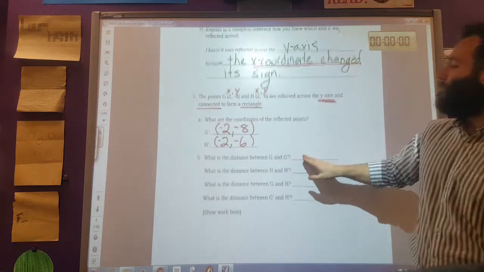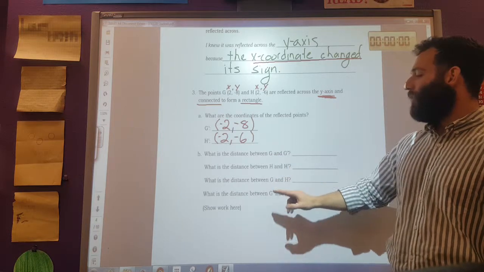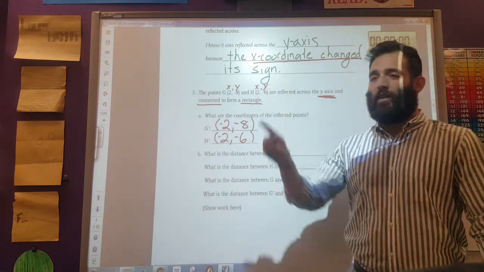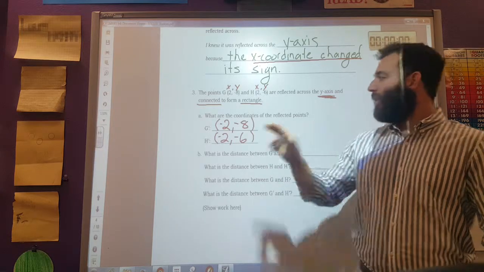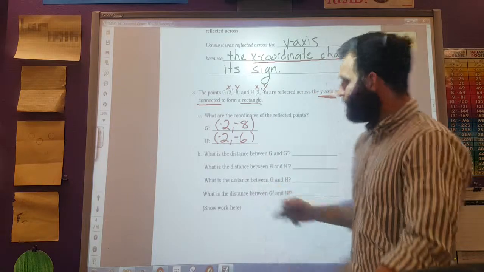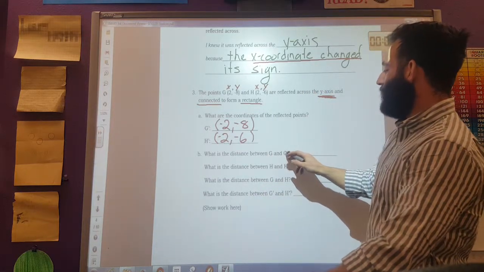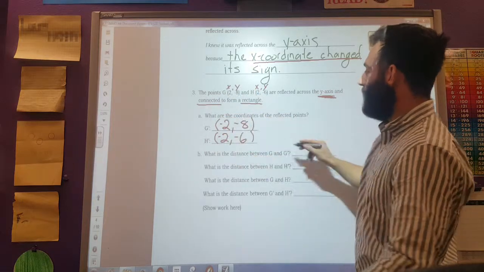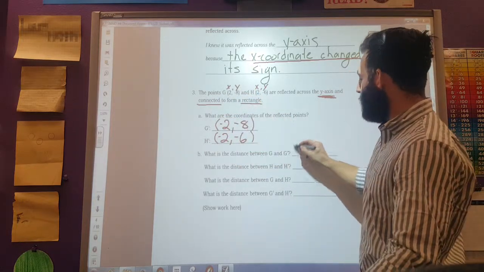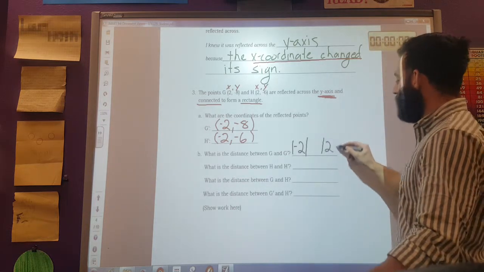And now, this portion down here, part B, is asking to find the distance between the points. Now, remember, the distance between the points is like finding the length of the sides of the rectangle. So, I want to find the distance between G and G1, which would be, ignoring my -8s, the absolute value of -2 and the absolute value of 2.